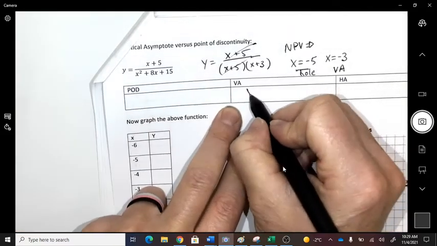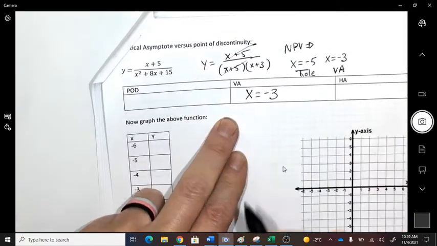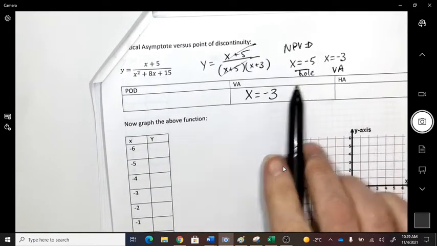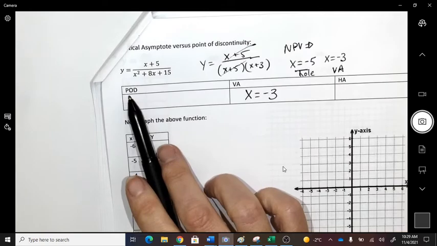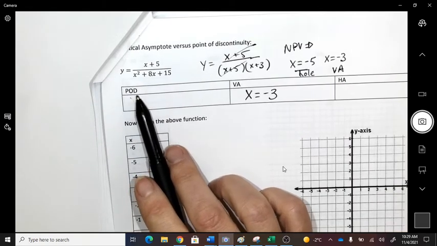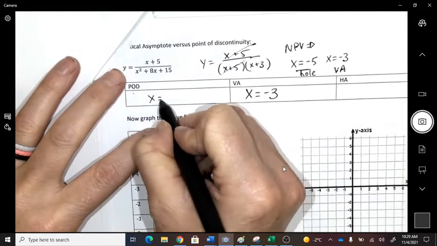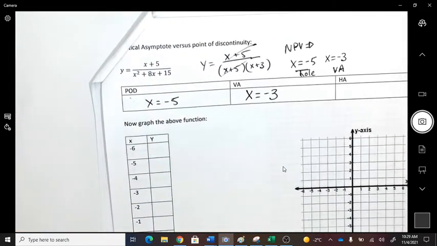Okay, so I know I'm going to have a vertical asymptote, x equals -3, and a hole is this, which is called a point of discontinuity. That's a hole, right? A point of discontinuity at x equals -5.